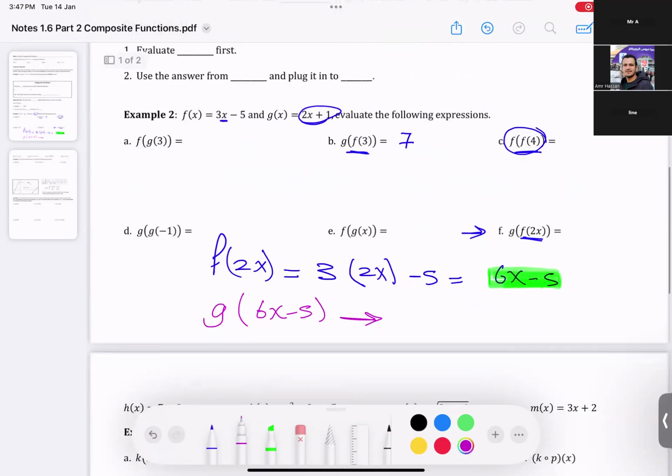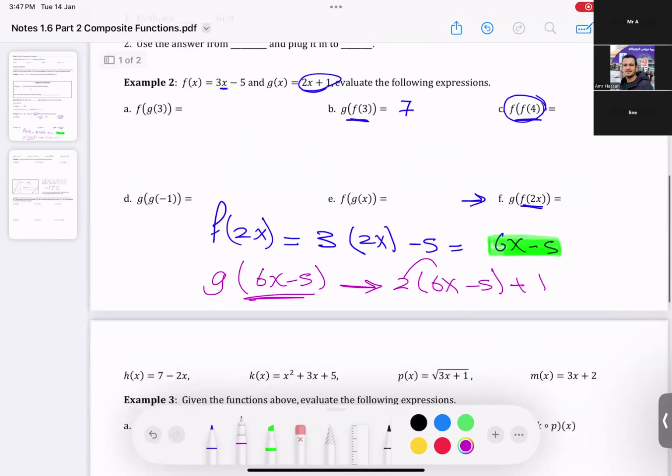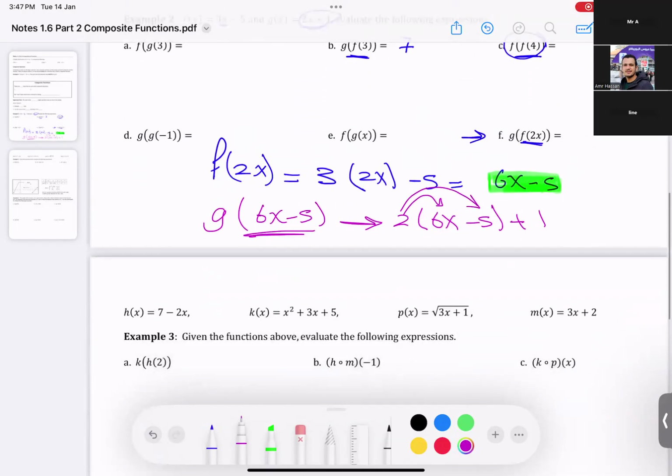So where's g? Going to be 2x plus 1. So let me write 2. But instead of writing x, I'm going to write 6x minus 5 plus 1. And then I need to distribute that. So it's going to be 12x, right? Because 2 times 6 is 12x minus 10 plus 1, right?